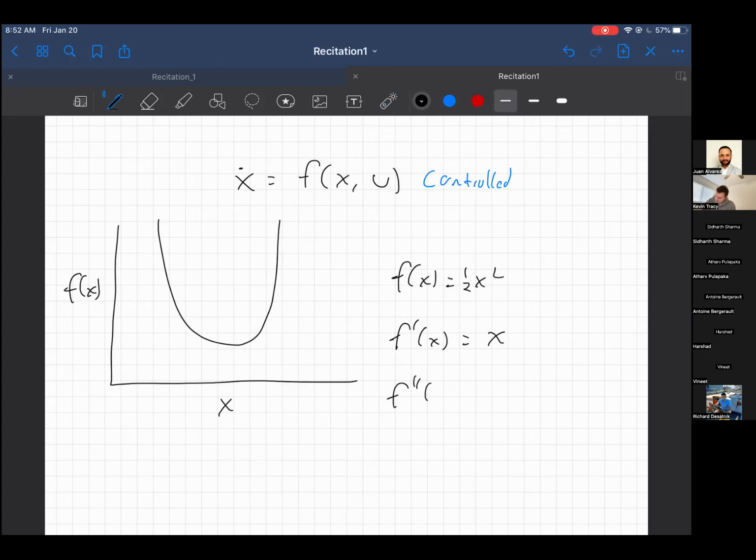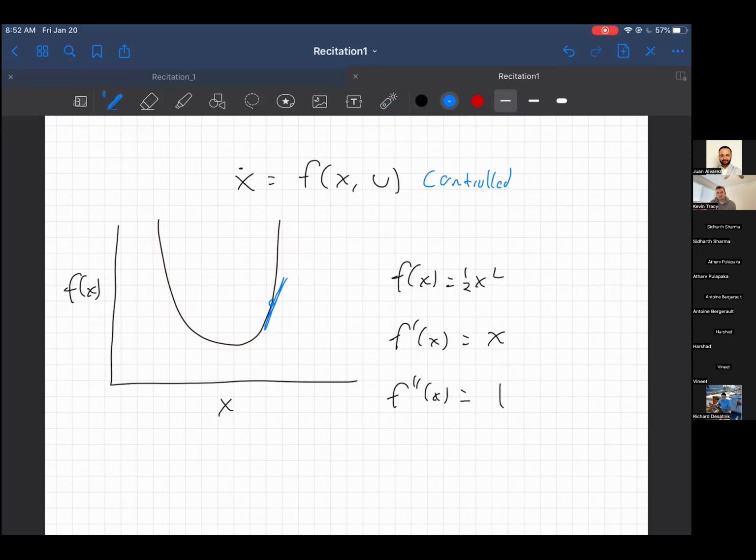Second derivative equals 2. So what I'm saying here is that at any point on this function, I check right here and I want to see, okay, what's the first derivative? The first derivative is going to tell me what the tangent line is. Basically, what is the slope of this function at this point? And the second derivative is going to tell me what the curvature is. So in the case of a parabola, the curvature is fixed. It's always 2.